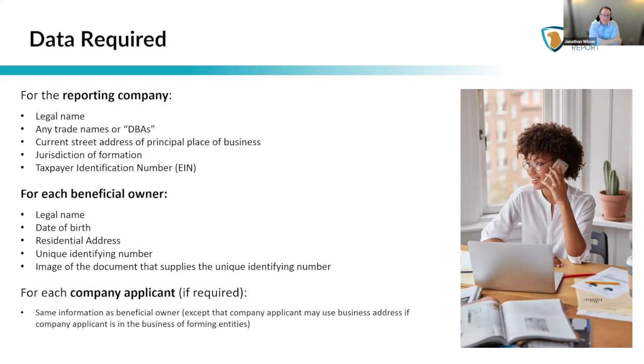Next, for each beneficial owner, you need to know their full legal name, date of birth, their residential address, not the business address, and then the unique identifying number, which can either be the driver's license or the passport. If the individual does not have a driver's license or a passport, you can use a non-expired foreign passport.